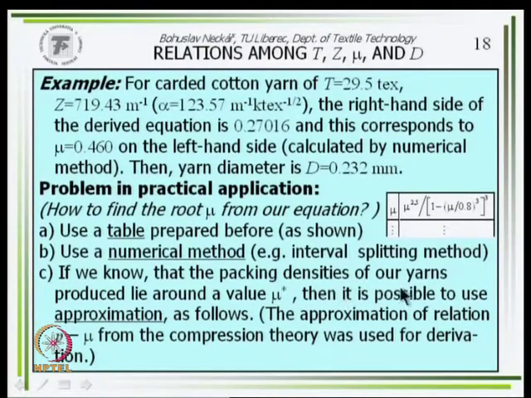When we know the packing densities of our yarns produced lie around some value mu star. What do I mean? When you produce cotton yarns, carded cotton yarns in your spinning mill, then you know that packing densities in all of your yarns will be maybe from 0.4 to 0.5. Yeah? So you can say it will not be too far from a value maybe 0.45 or 0.47.